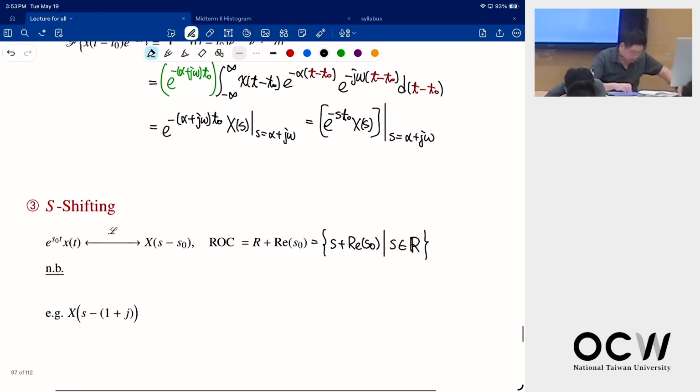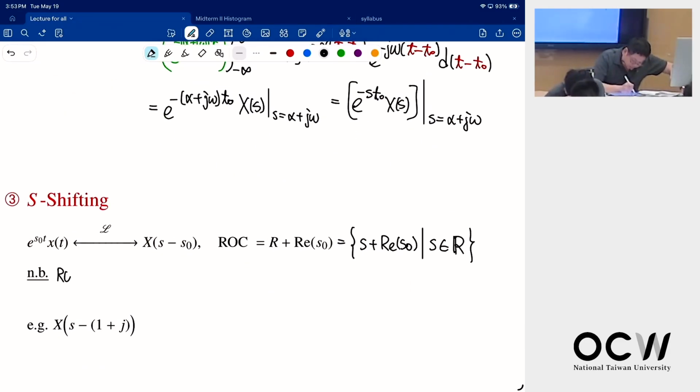This is just that the region of convergence shifts by S naught.